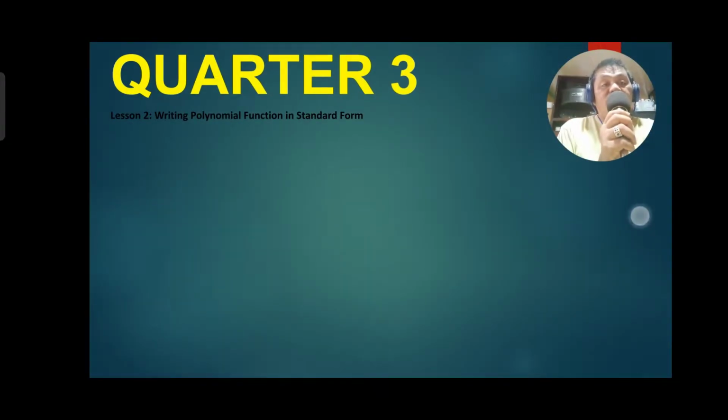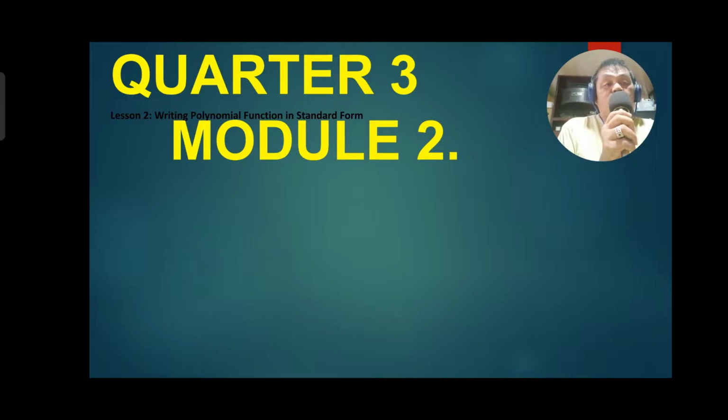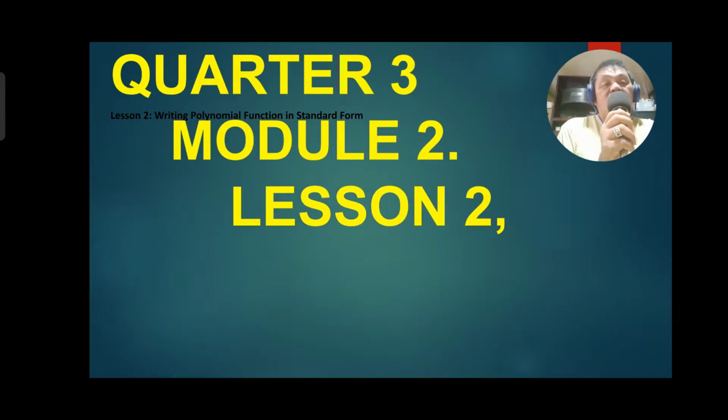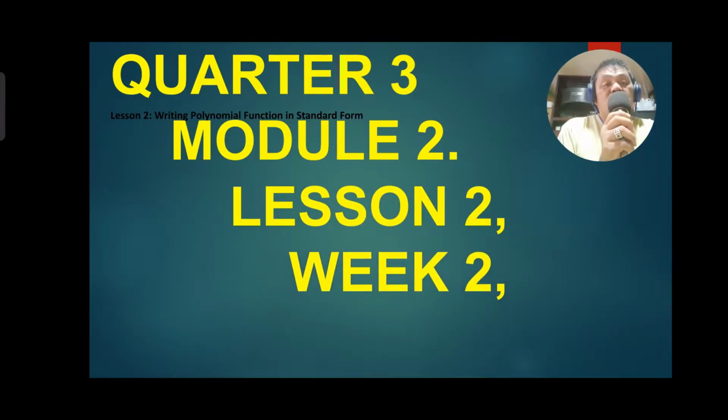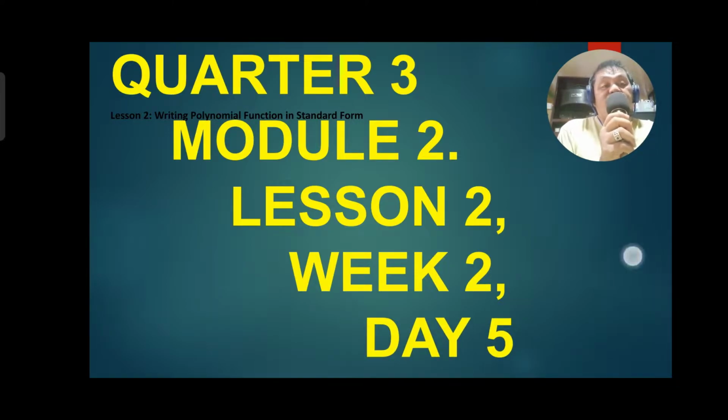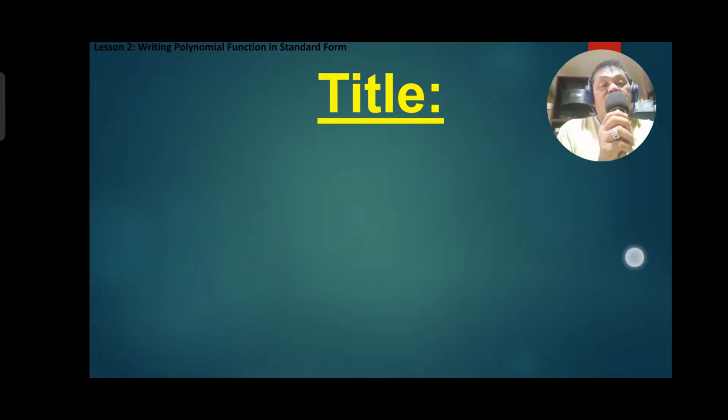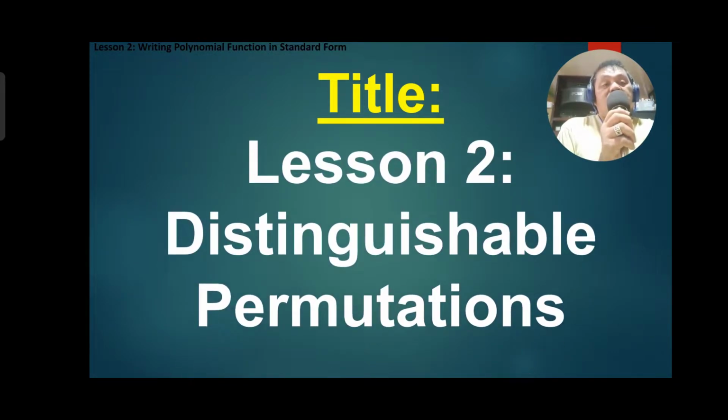So this morning, I will discuss the topic for Quarter 3, Module 2, Lesson 2, Week 2, D5. This is all about distinguishable permutations.